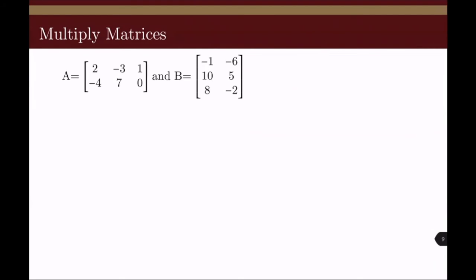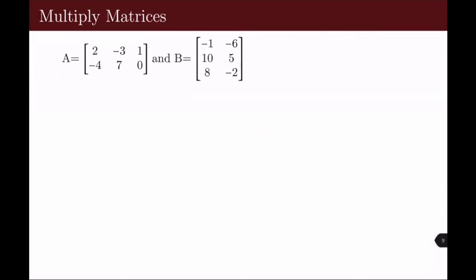So next we're going to go over how to multiply matrices. This is kind of a complicated process, but we can do it together. So the first thing is that there is always a rule. This matrix is a 2 by 3, and we're multiplying it by a 3 by 2 matrix.